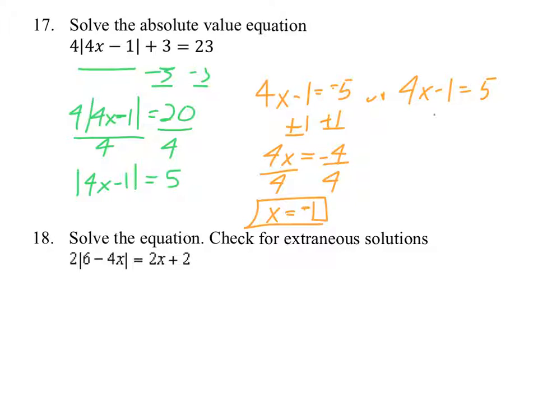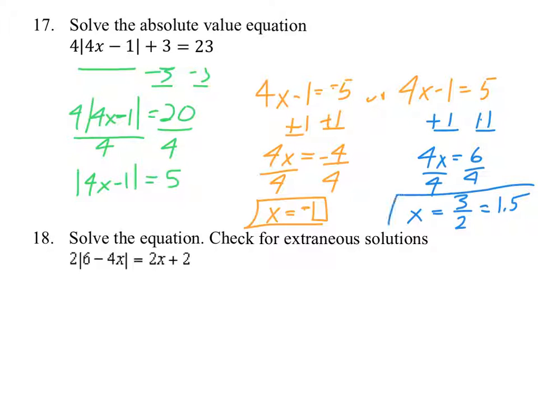And then for the other one, we go through the same process, add 1. We get 4x equals 6, divide by 4. 6/4 reduces down, so do not leave that as 6/4. 1.5 is okay because it's exact. You don't need both, just one or the other. And again, technically there's an or there.